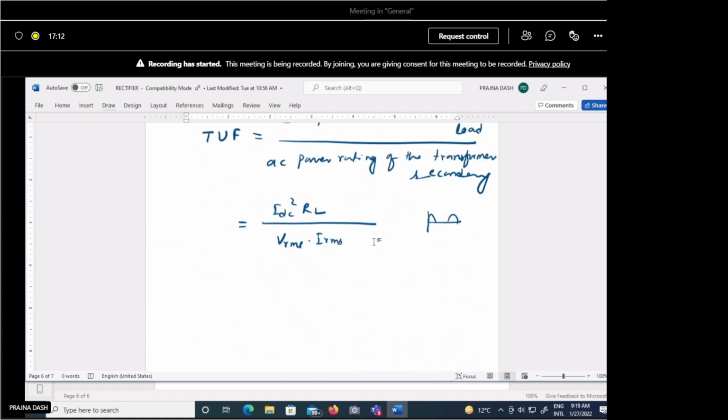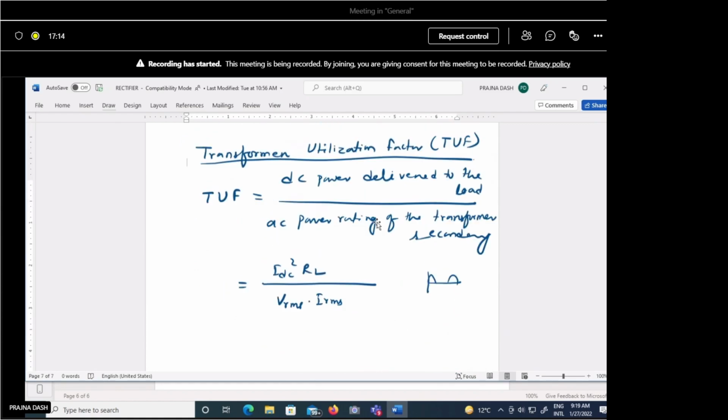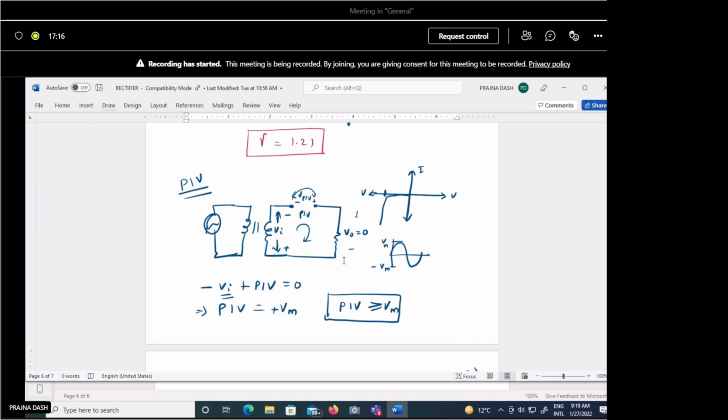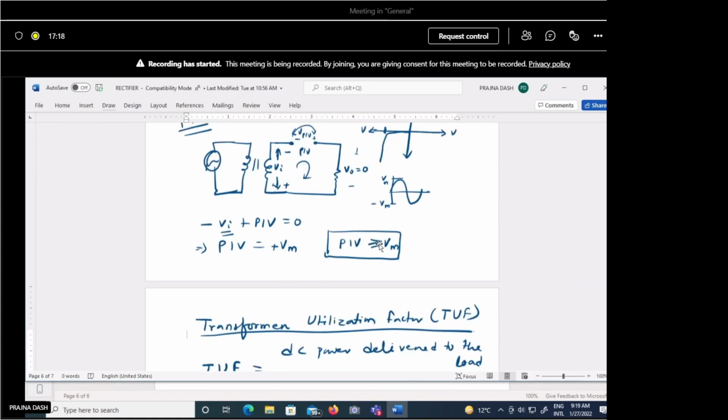This voltage and current will be the same, Vm by root 2. So how does it come Vm by root 2?